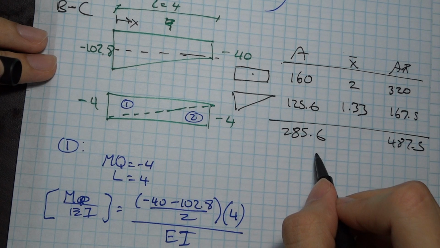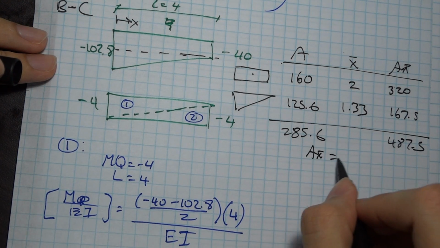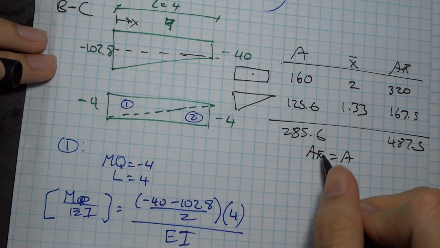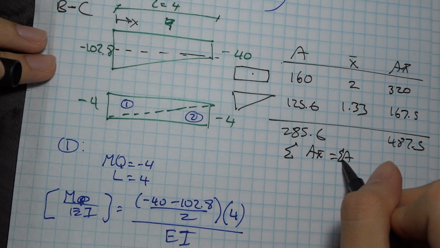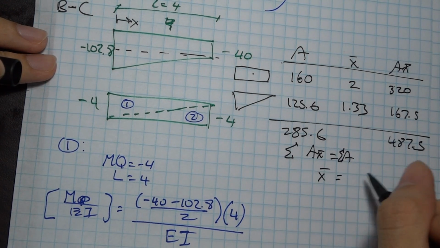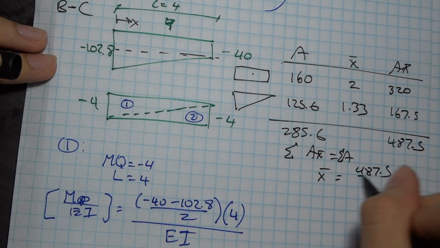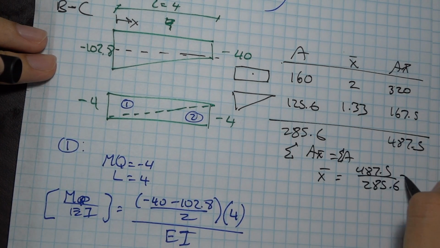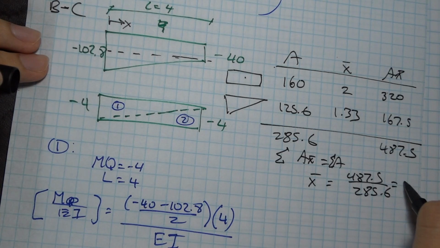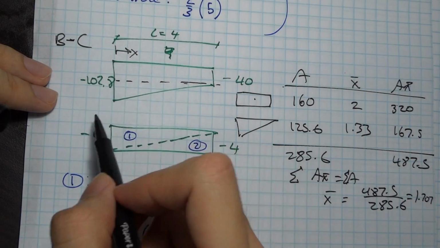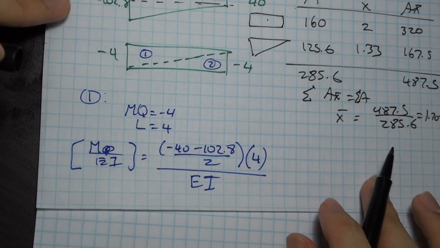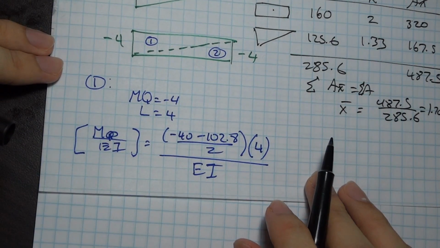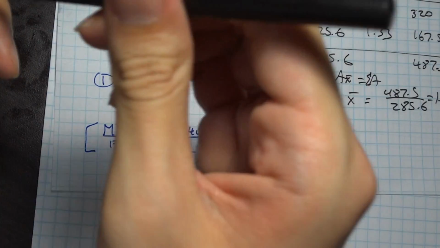And now if I say A x bar equals A, so my x bar is equal to 487.5 divided by 285.6, which is equal to 1.707. This was just to find the centroid of this whole thing up here. And I need that for here.